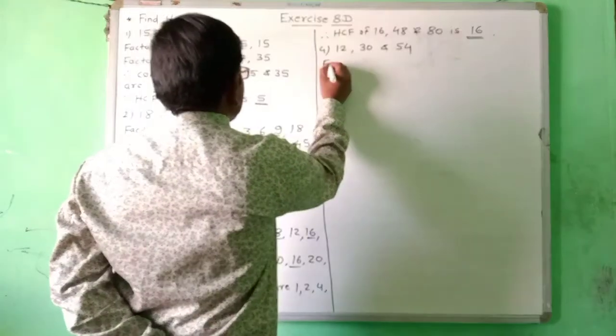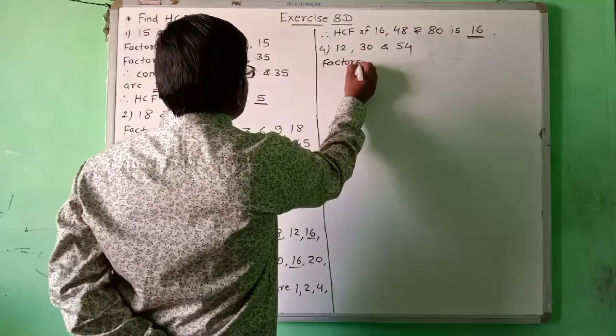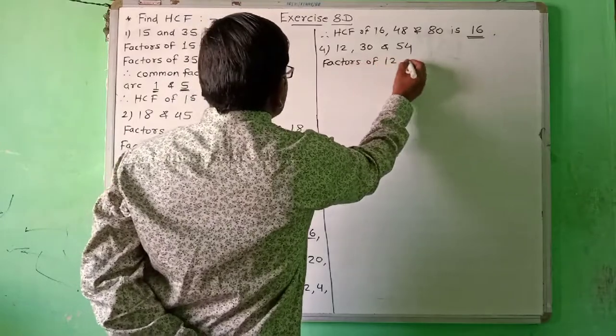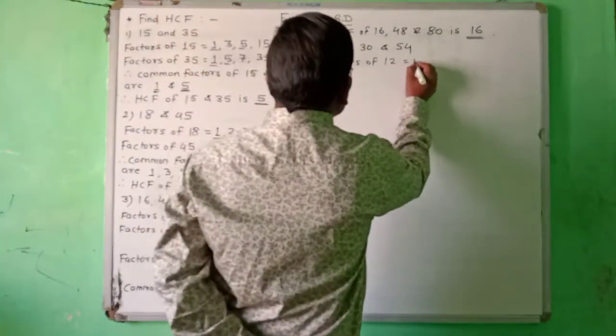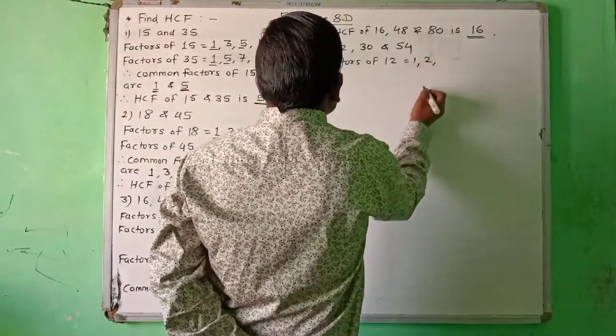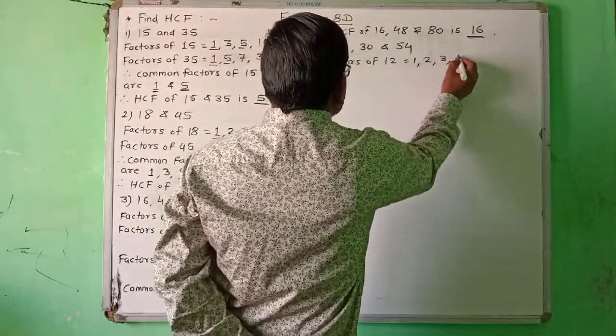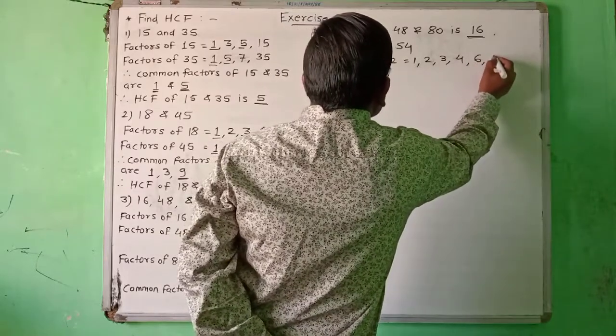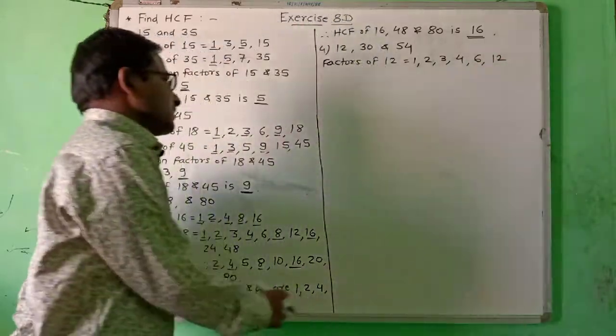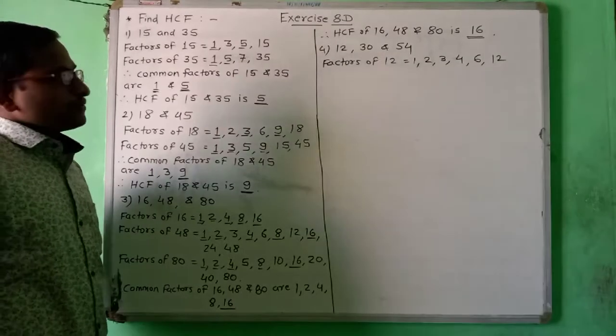First we write factors of 12. Factors of 12: 1 is a factor of every number. 1 12 is 12, 2 6s are 12, 3 4s are 12, 4 3s are 12, 6 2s are 12, 12 1s are 12.